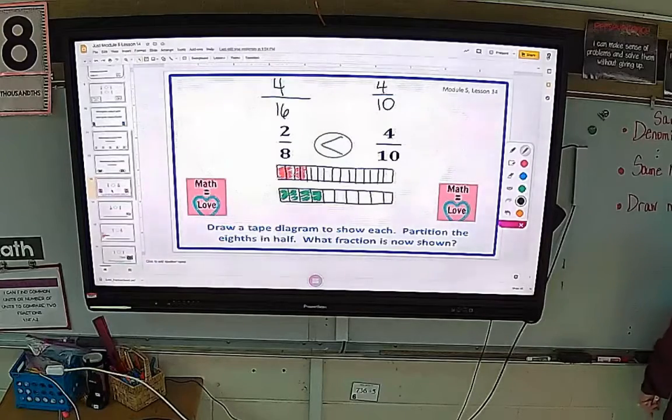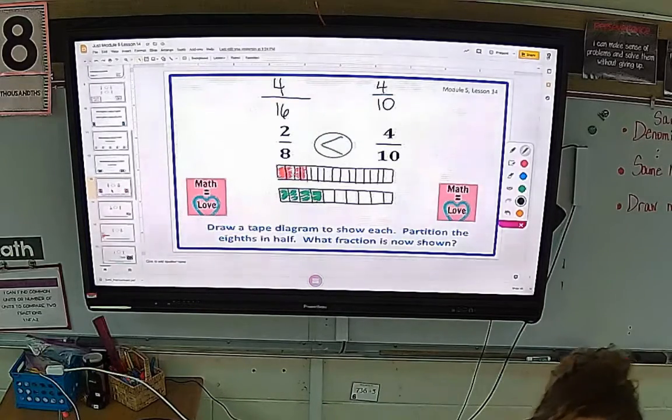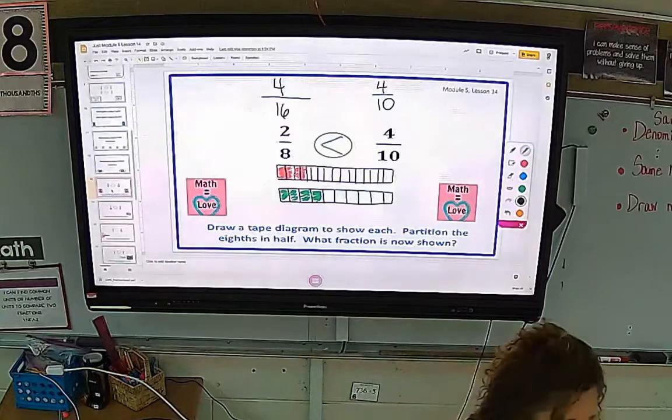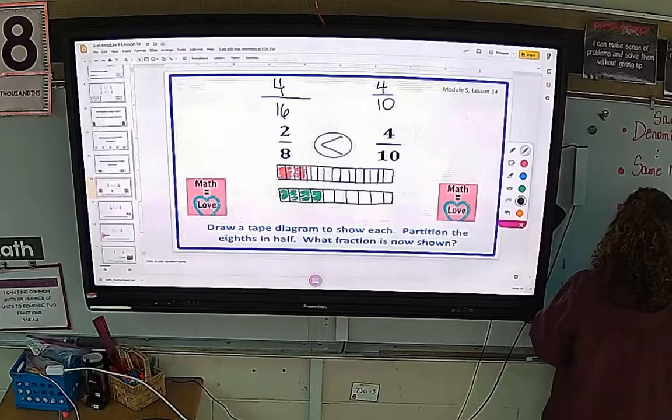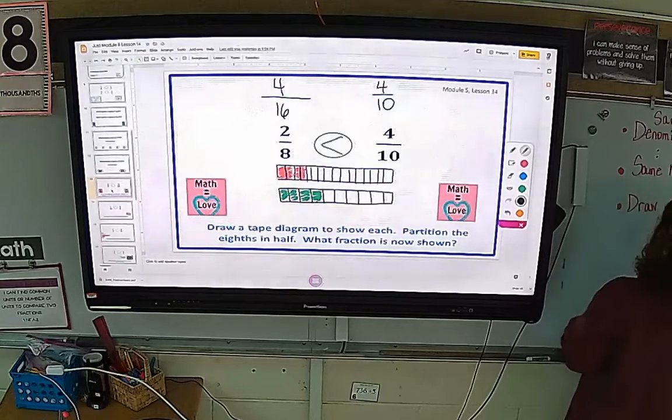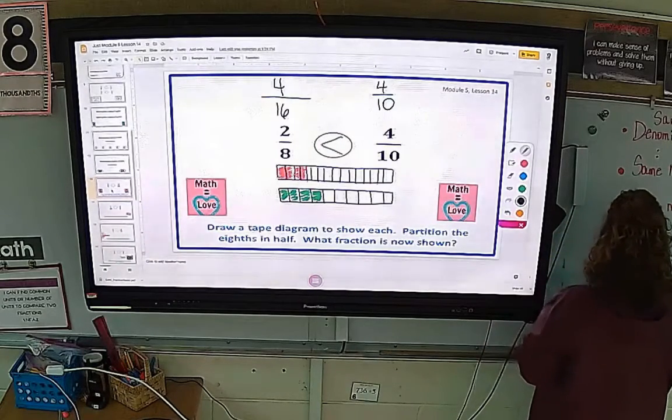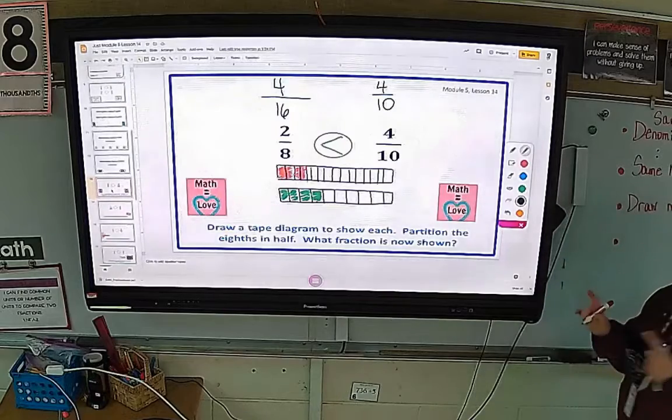Okay. Now, what is something that goes on the number line that helped us? Yeah. Benchmark numbers for sure. Okay, and I'll put that under draw a model.